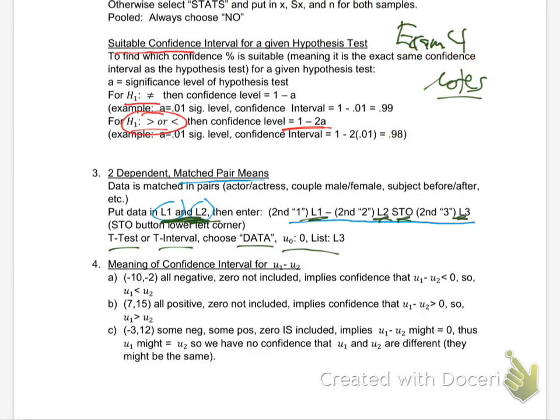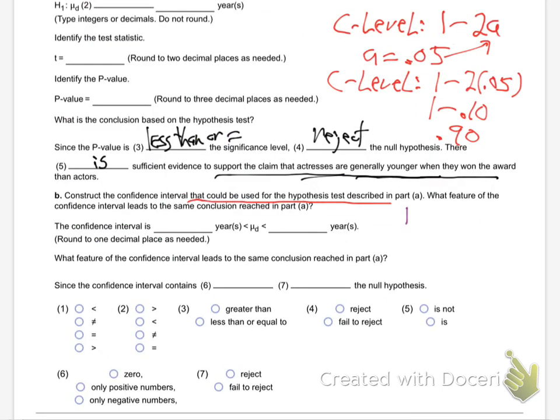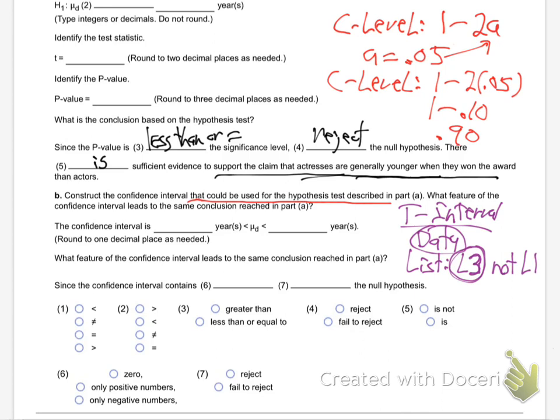For matched pairs again, we're doing T interval. We choose data, and the list, where's the data? L3 again, remember? L3, not L1. The differences are all stored in L3. Frequency, that's always 1.